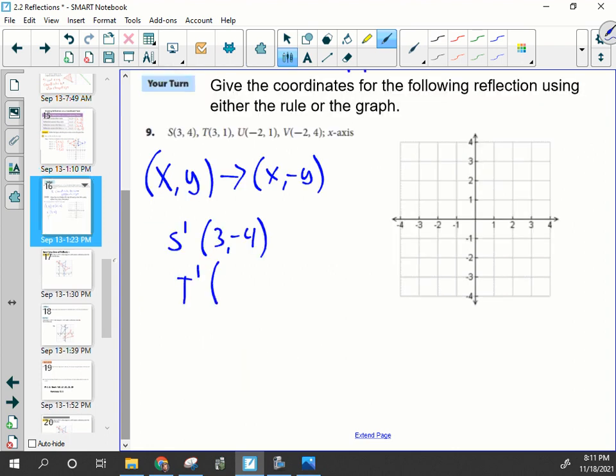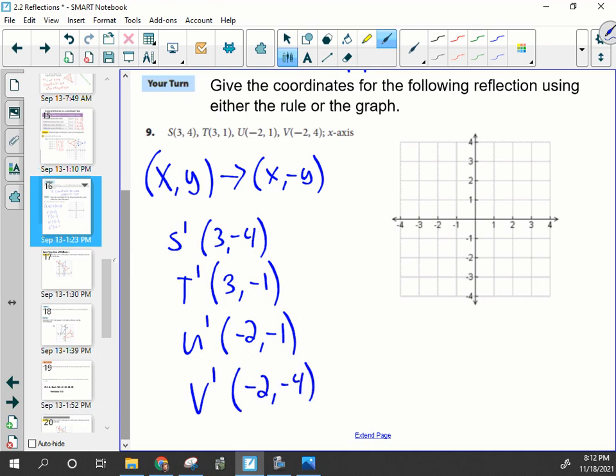T prime, 3, 1. X stays the same, y becomes negative, 3, negative 1. U prime is negative 2, negative 1. X coordinate stays the same, y becomes the opposite sign, and V prime, negative 2, 4 will become negative 2, negative 4.